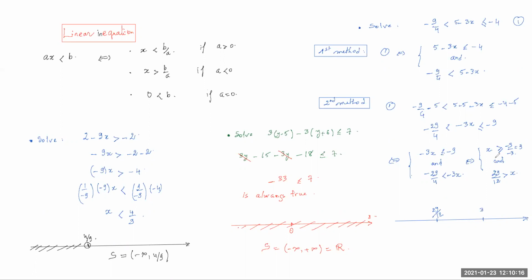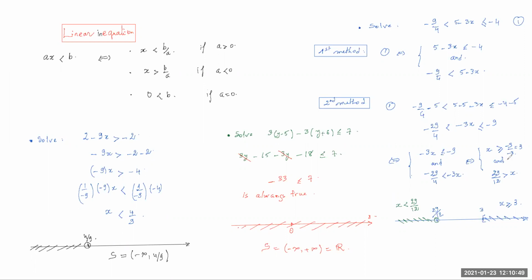I need to consider first the first set, x greater or equal to 3. That means I am here. This is my set x greater or equal to 3. What about the other one? The other one is this one. Let's take another color. x is strictly less than, so exclude this value and take the values that are strictly less. So this is x less than 29 over 12.